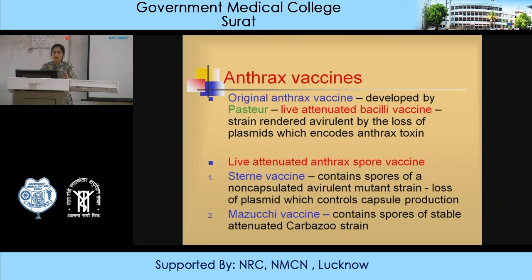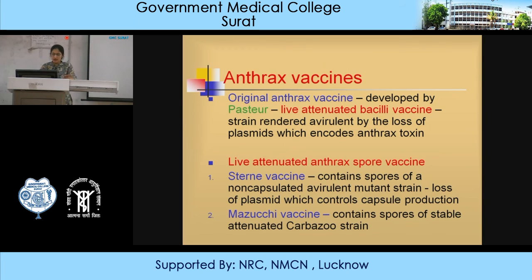Here, Pasteur rendered the strain avirulent by loss of the plasmid which encodes the anthrax toxin. The live attenuated anthrax spore vaccines are of two types, the Sterne vaccine and Mazzucchi's vaccine.